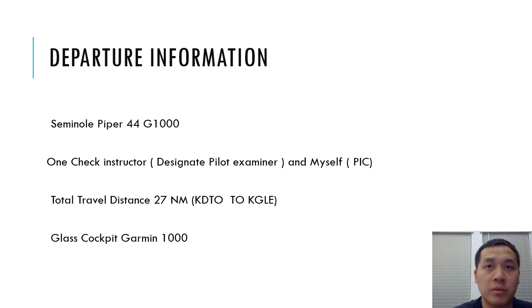The performance of the aircraft was 180 horsepower per engine, and it was 3,800 pounds. The maneuver airspeed will be 135 on this Piper 44 G1000.